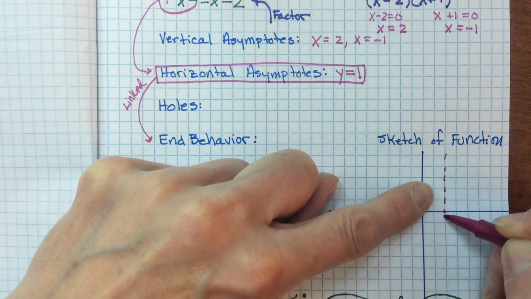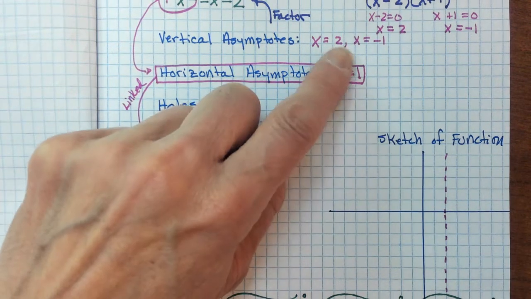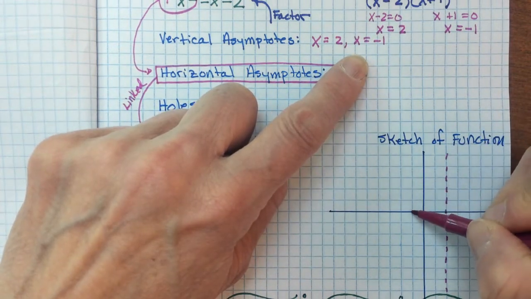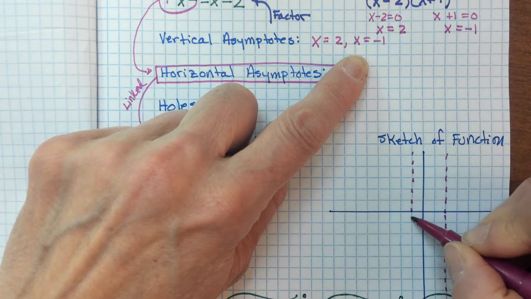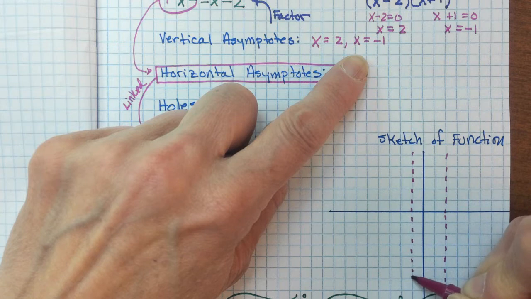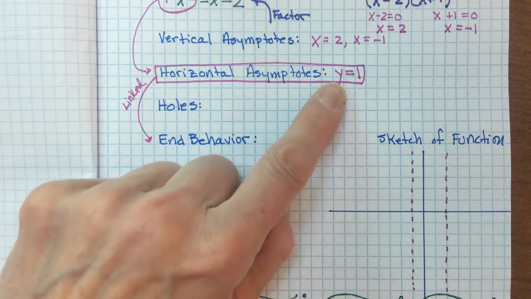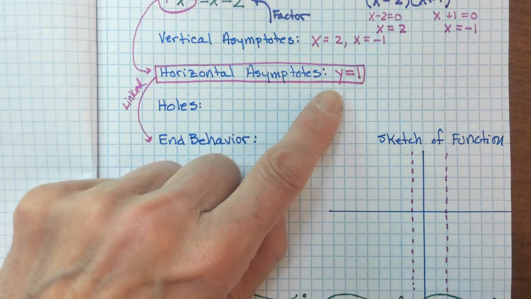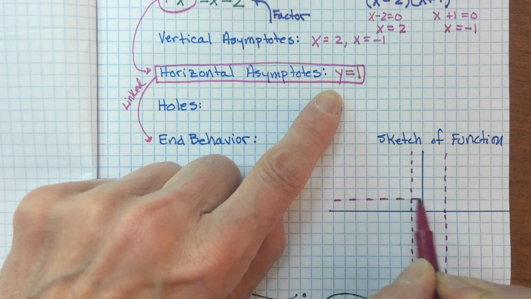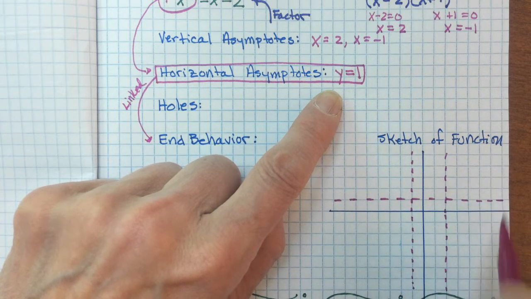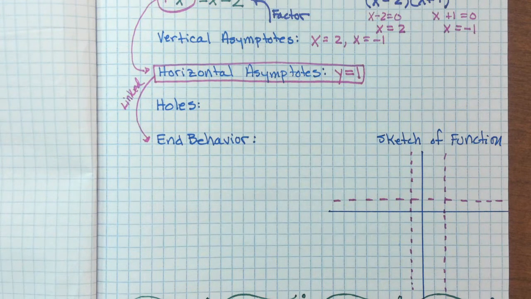Remember, x equals 2 is a vertical line because everywhere there x is 2. x is negative 1 here. Those are asymptotes. And then I have a horizontal asymptote at y equals 1, right here. So those are my vertical and horizontal asymptotes.